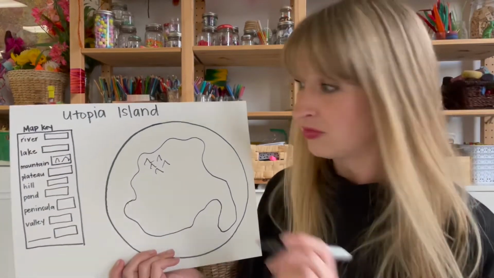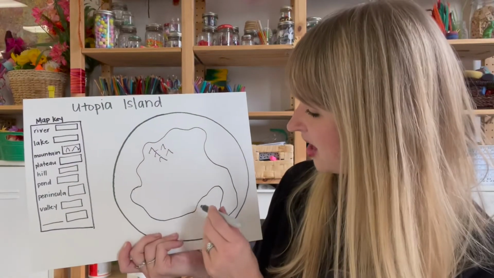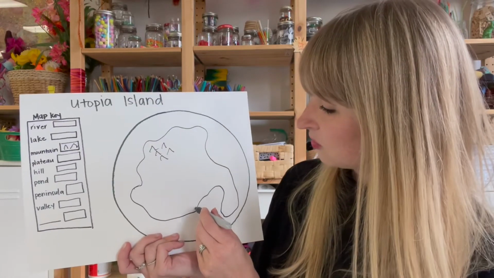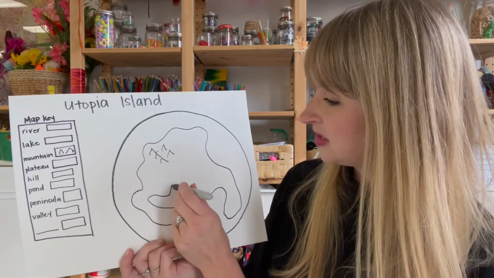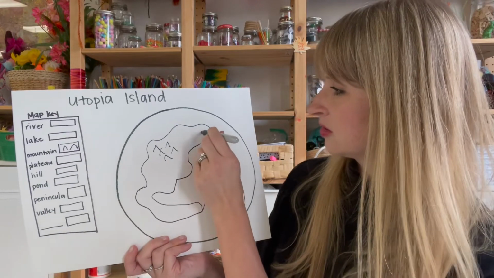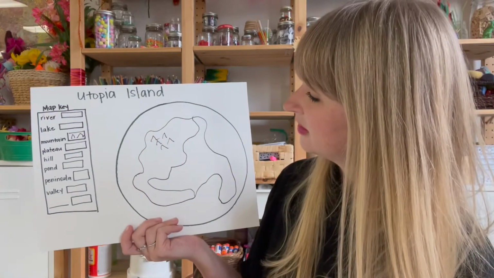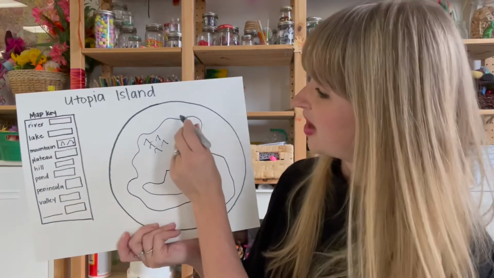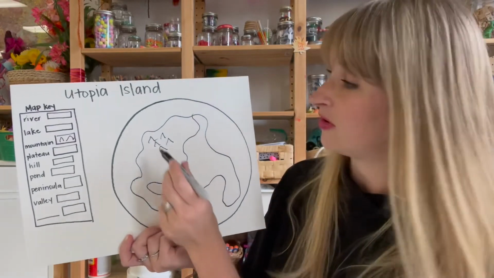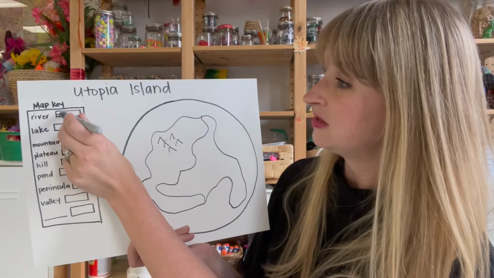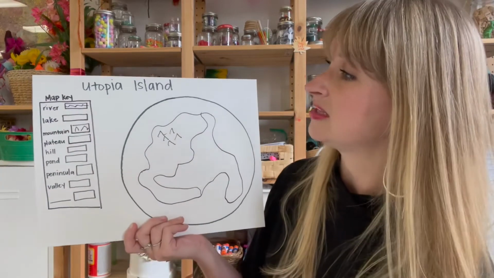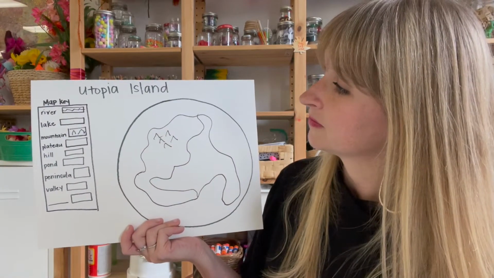And to do that, you need a river. So I am going to make a really long, windy river go straight across my island. I just did a single line for that river, and so I'm just going to do a single line for this river over here in my key so you can see what it looks like.